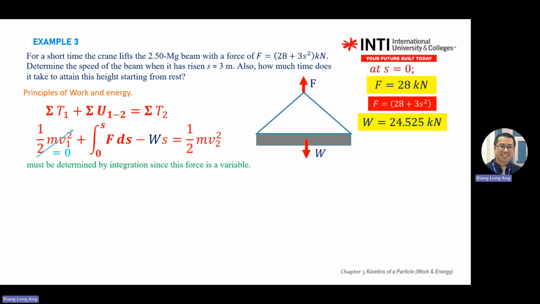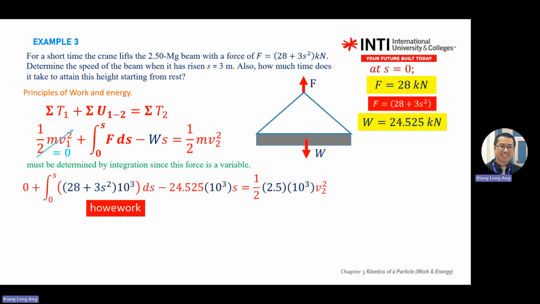Once you do that, you know that it starts from rest, so 0, cancel. Again, in your solution, you can just draw an arrow and write equals 0. Then substitute the value. Force is the equation. Substitute force here. All the values are given. So there's only one unknown, which is the distance.